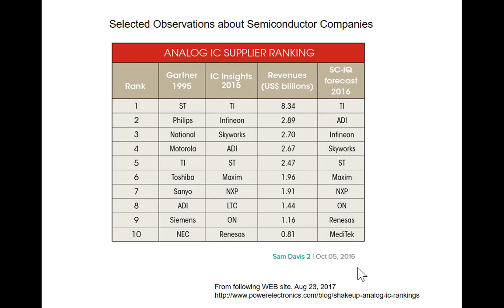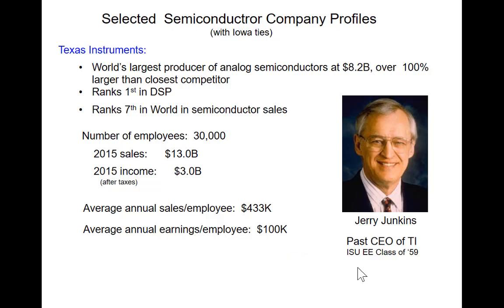I'd like to look at a few people that have played a role in this field. This is the past CEO of TI. I put his picture here because in the mid-50s, he sat in the same classroom you guys are sitting in and went through the ranks and led TI for a number of years.